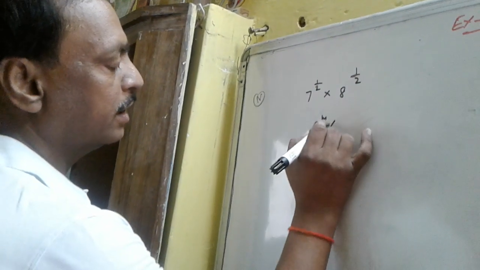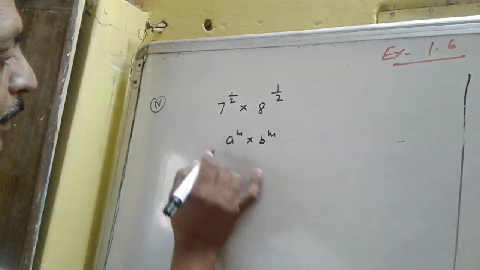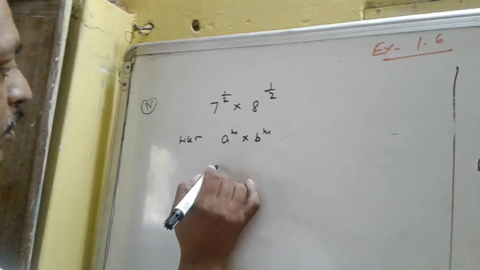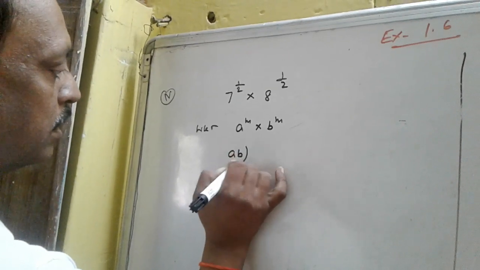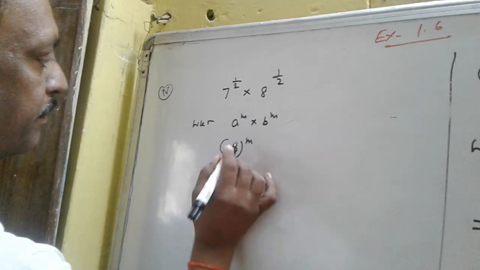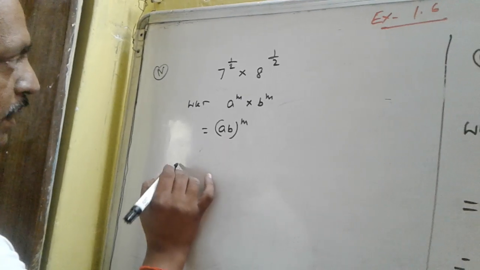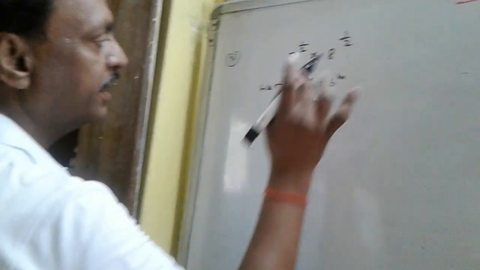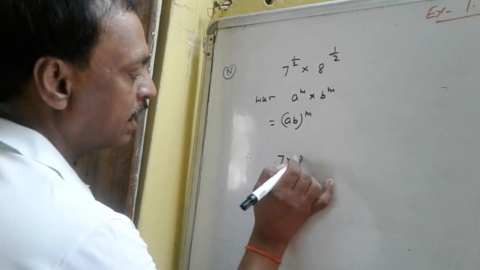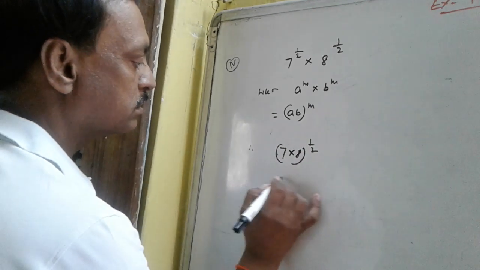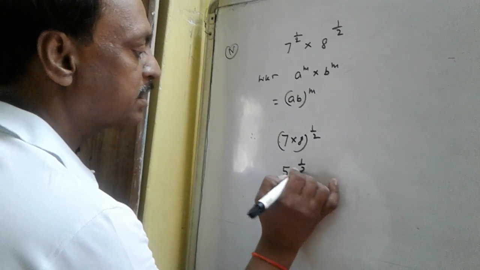So the formula is a to the power m into b to the power m equals ab power m. So therefore 7 into 8 and the power will be 1 by 2. So 56 power 1 by 2.